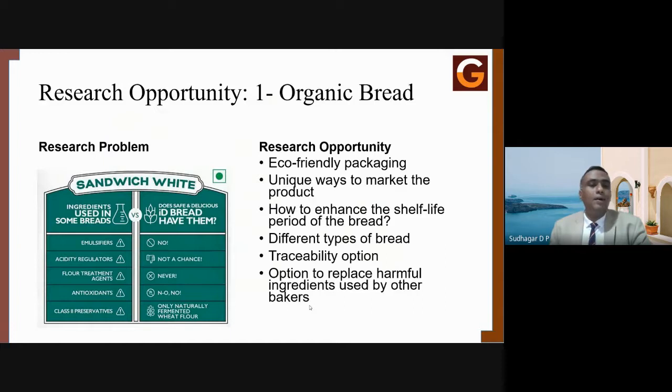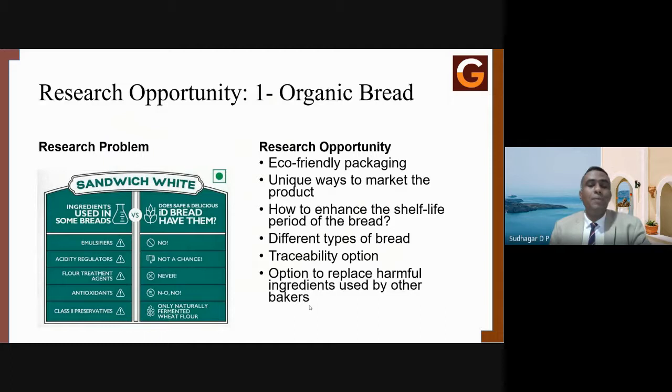All these ingredients, such as emulsifiers, acidity regulators, flour treatment agents, antioxidants, and class 2 preservatives, are considered to be artificial. Since consumers are going for health conscious products, creating a product with all these artificial ingredients is going to have rejection from the consumers.